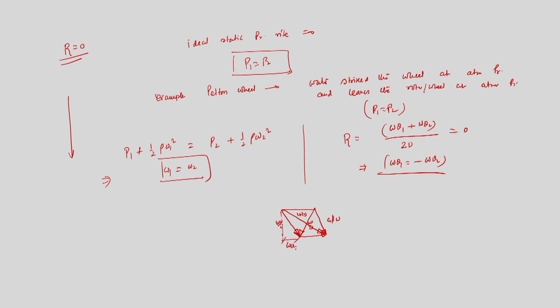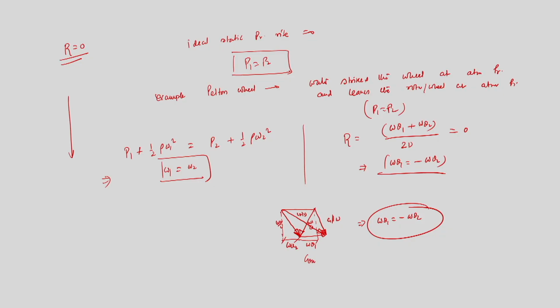This is W theta 2 and probably this will be W theta 1. So, W theta 1 is equal to minus W theta 2. This is the case when r is equal to 0: you have to construct the velocity triangle in such a way that W theta 1 should be minus W theta 2. The velocity triangles are not mirror images, rather W theta 1 is equal to minus W theta 2 for r equal to 0. So, this is the combined velocity triangles.